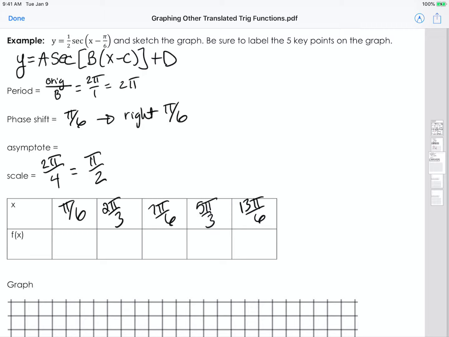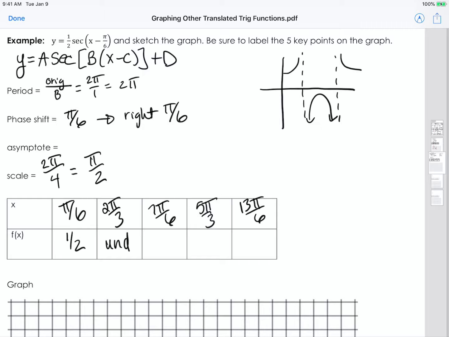Now, if we look at the graph of secant, we start at 1, and since we have a vertical compression, I'm going to cut it in half. Normally we start at 1, but now we're cutting it in half, so this is going to be 1/2. Then the next point will be our asymptote, which would be undefined.